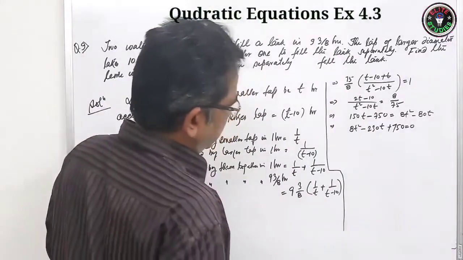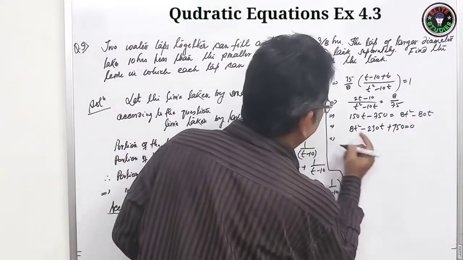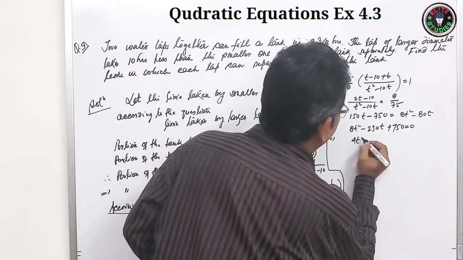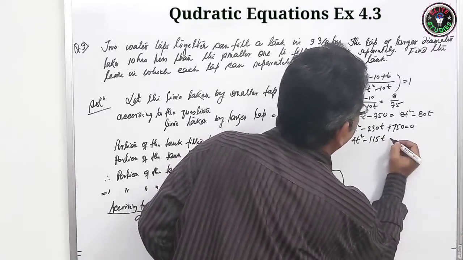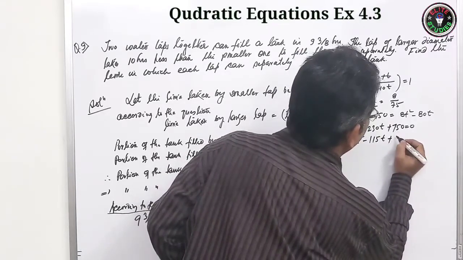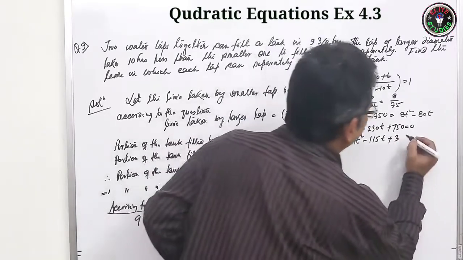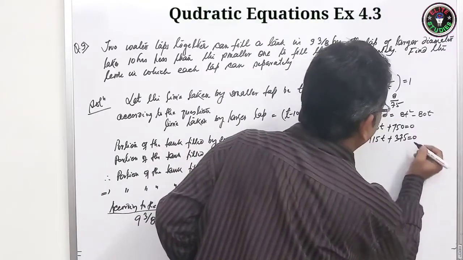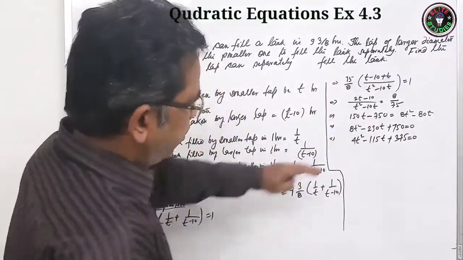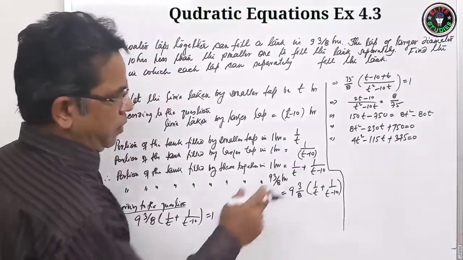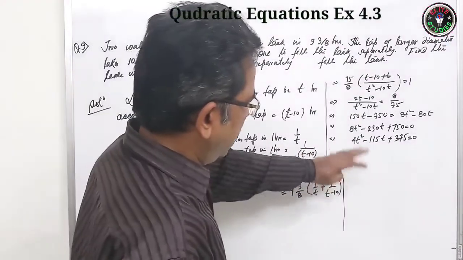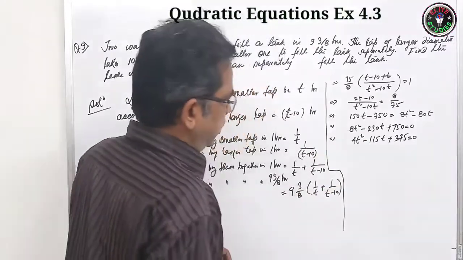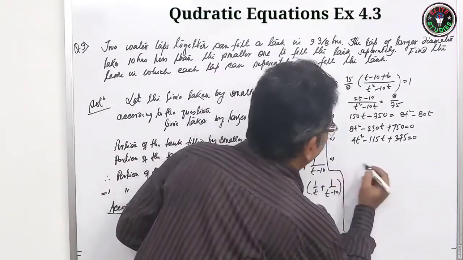Now you can divide it by 2. It will be 4T square minus 115T plus 375 is equal to 0. Now we have got the quadratic equation. Now our next step is to solve it. Let us do it by quadratic formula method.